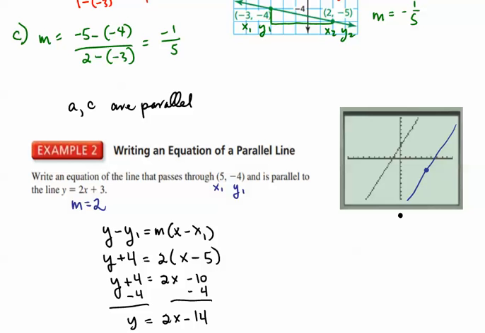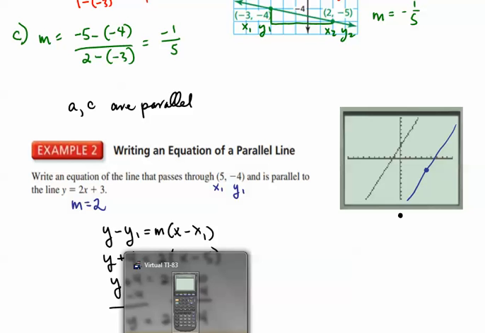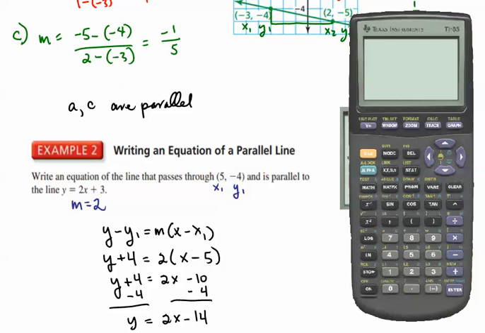Well, what I'm going to do now is bring up the graphing calculator again, and let's put that new equation in. So I go back to y equals. This time I don't write over the equation that I have in there already, 2x minus 14, and I simply hit graph, and you can see there that I have a line parallel to the original line.